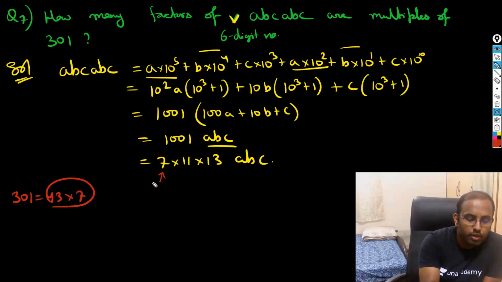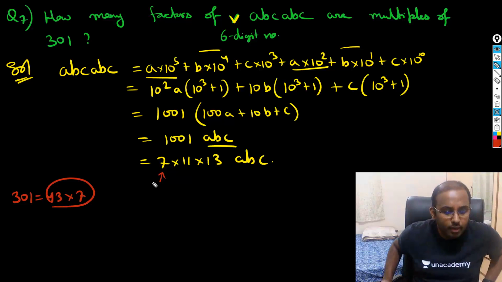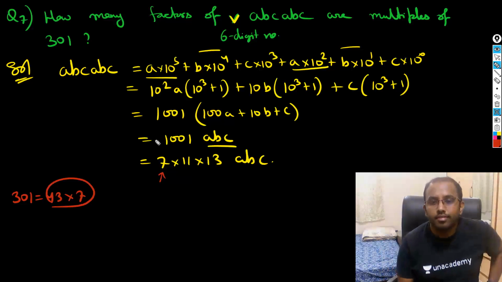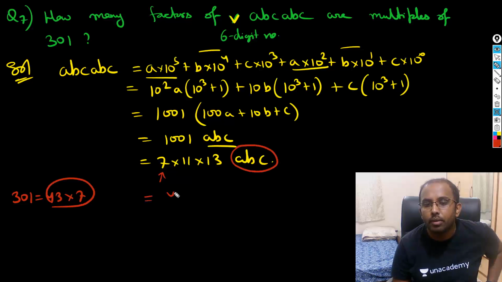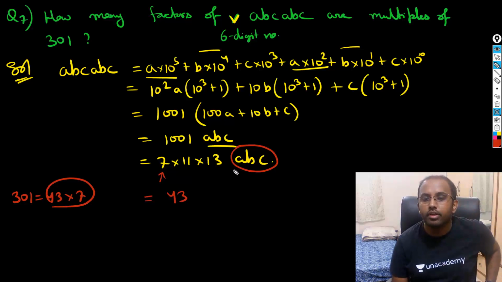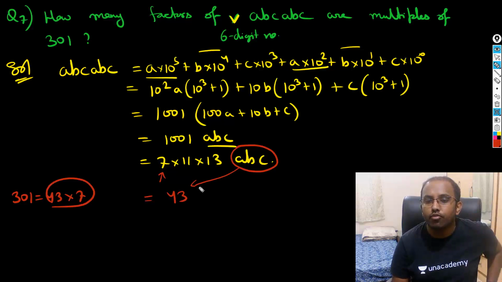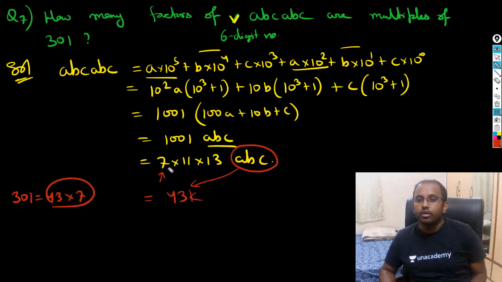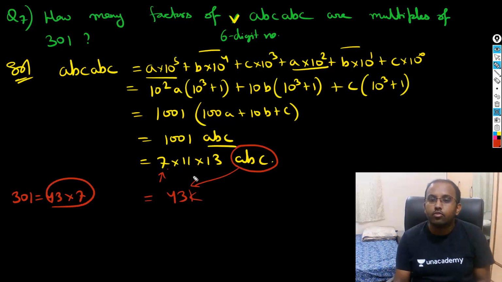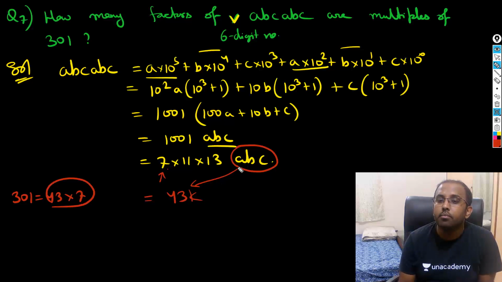So if I take a 7, then for the left out number, that is 43 into 7, this ABC here has to be a multiple of 43. If ABC is a multiple of 43, then 43 into 7 will convert to 301. So ABC is a 3-digit multiple of 43.